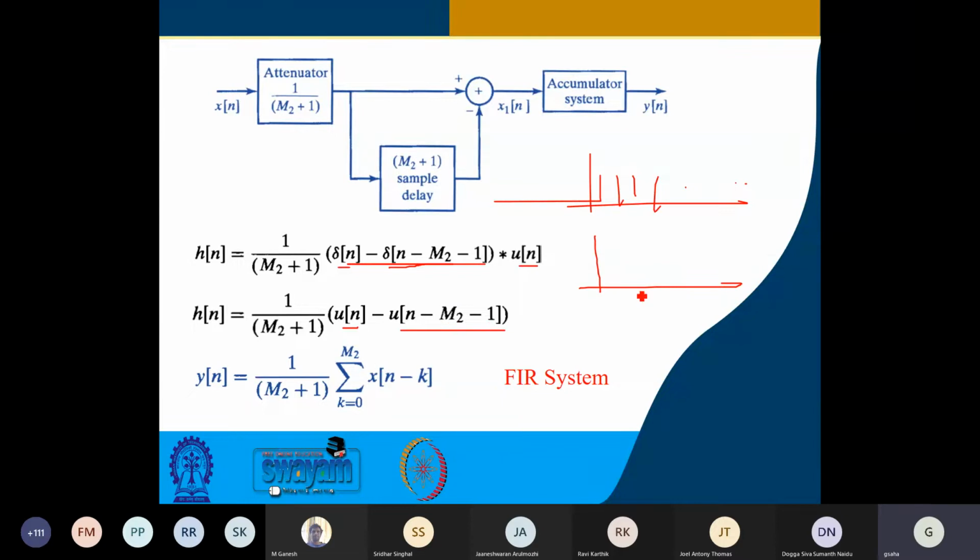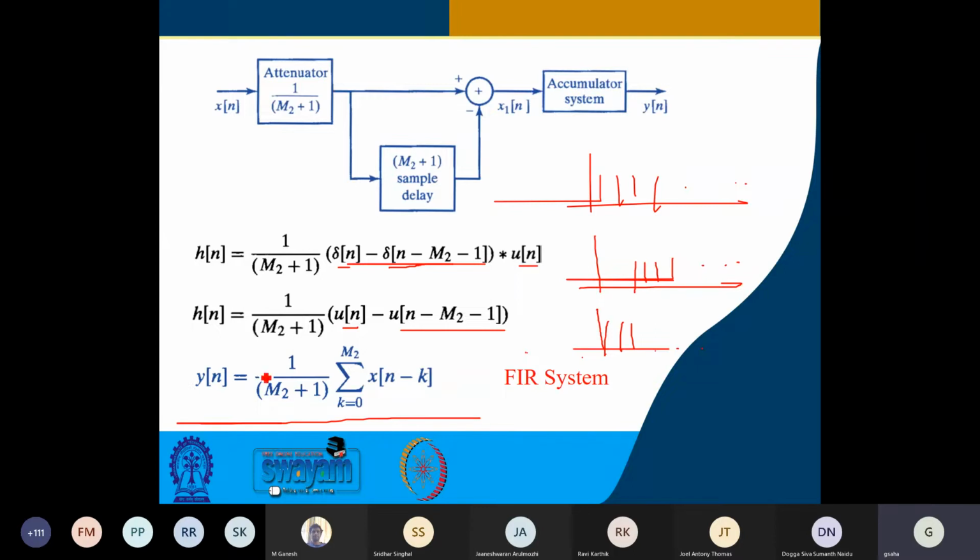Depending on the value of m2, it will be somewhere like this. So all this part will be cancelling out, and whatever is left here only will be there. These are all zeros and these are all zeros. So non-zero values will be only this much, depending on the value of m2. So this is your yn.